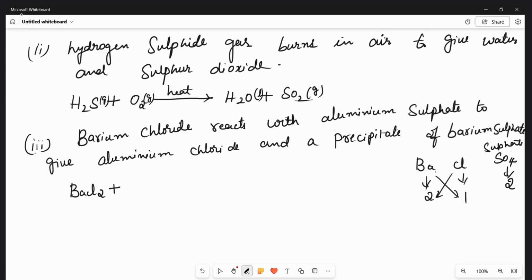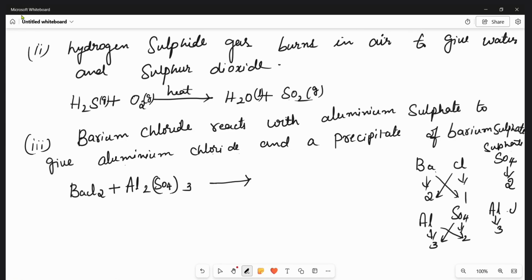So aluminium sulfate: aluminium valency 3, sulfate valency 2. So 2 aluminium reacts with 3 sulfate groups, Al2(SO4)3. We get aluminium chloride, aluminium valency 3, chlorine valency 1, so AlCl3, plus precipitate of barium sulfate.